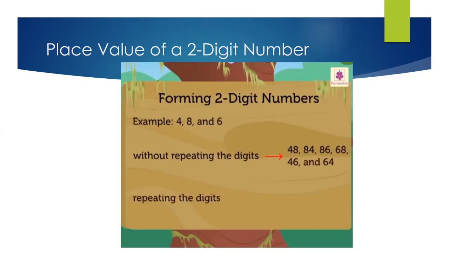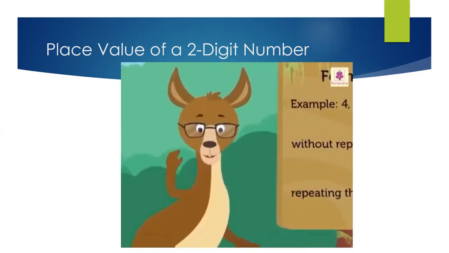And on repeating these digits, we can form 3 more numbers. They are 44, 66 and 88. Wow! So many two-digit numbers can be formed using 3 digits. Hope you had fun learning with Caddy.